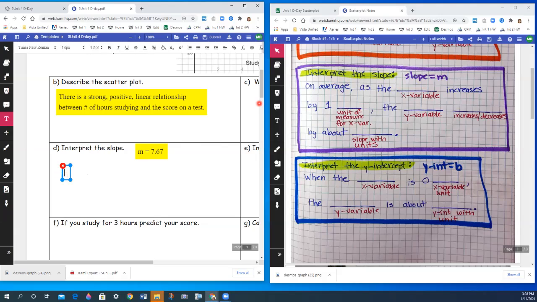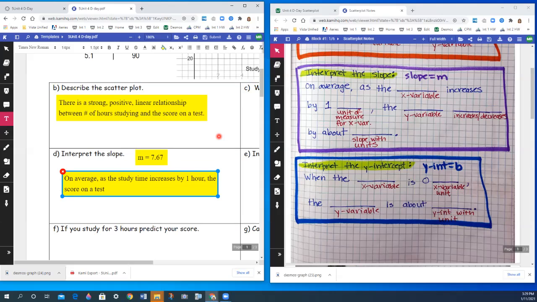So now I'm going to do my sentence frame. Interpret the slope. So on average, as the study time increases by 1 hour, got to put the units in, the score on a test, and again, you have to pay attention to your line, whether it's increasing or decreasing.